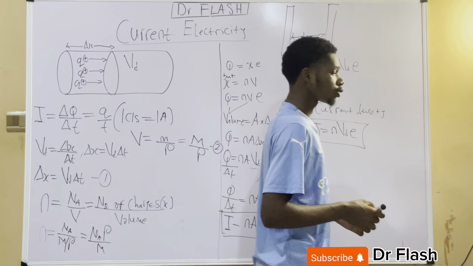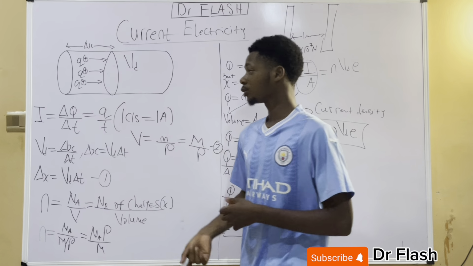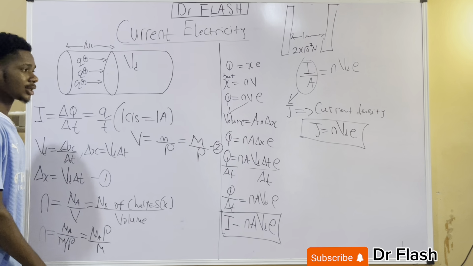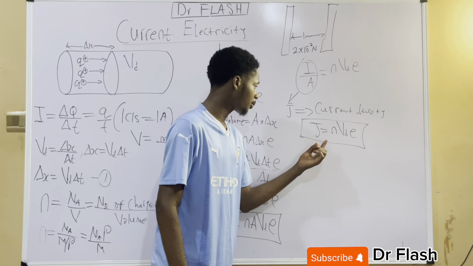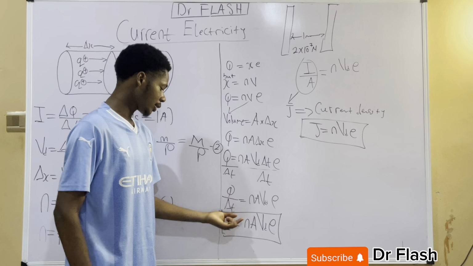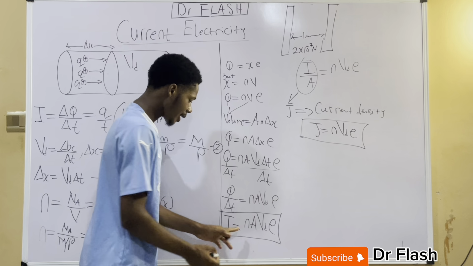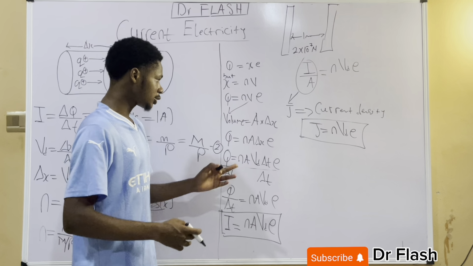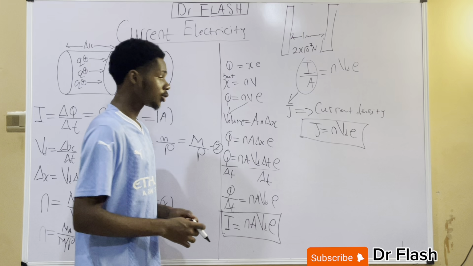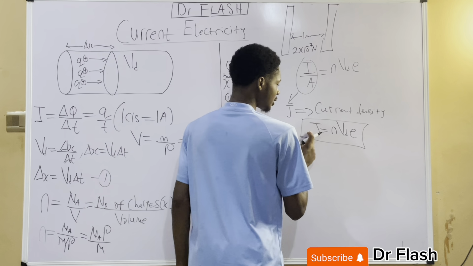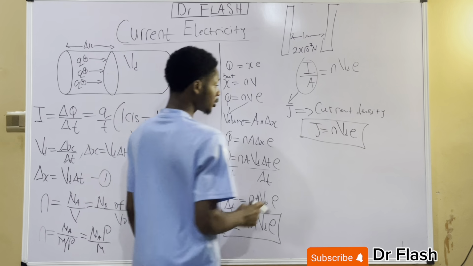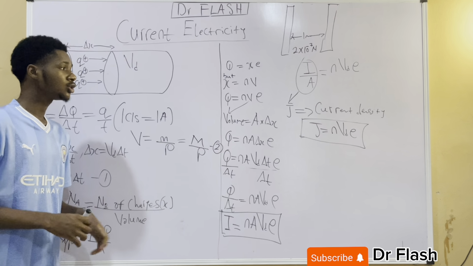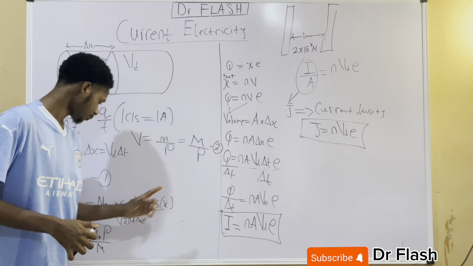Now there's a whole lot to talk about on current density, which we'll talk about in our future videos. For now we're going to pause at current density. So it is important to take note of these two formulas: I equals N A Vd times E, and J, which is current density, equals N Vd times E. We're going to be solving problems on these two formulas as well. It's important to note that the N there is not the number of charges, but rather the number of charges per volume.